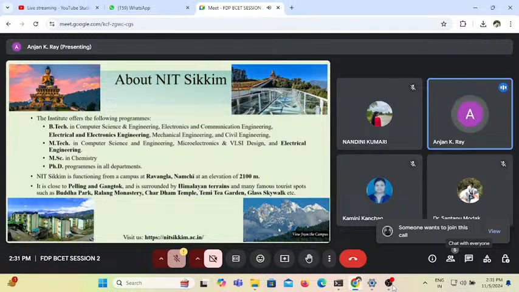MTech in three specializations from the three departments, MSc also in the chemistry department, and PhD in all departments. Also, this is a temporary campus operating from Rabangla, Namchi, at an elevation of 2100 meters. So you can see some good pictures, and you can also travel to this campus.